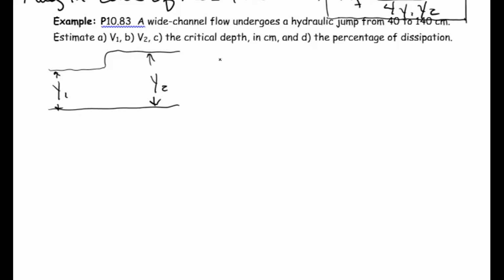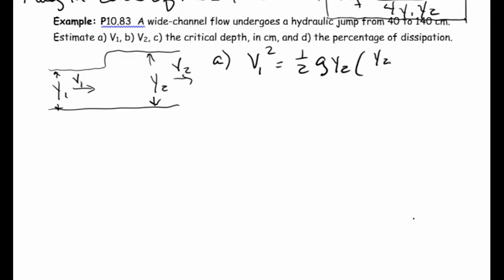All right, so starting with A, we're going to find V1. Well, this is V1 here, and this is your V2. We just found an equation in terms of y1 and y2, and we know both y1 and y2 for V1. So let's just jump to that equation. If I look on my equation sheet, I see an equation, V1 squared equals 1/2 g y2 times y2 over y1 plus 1.